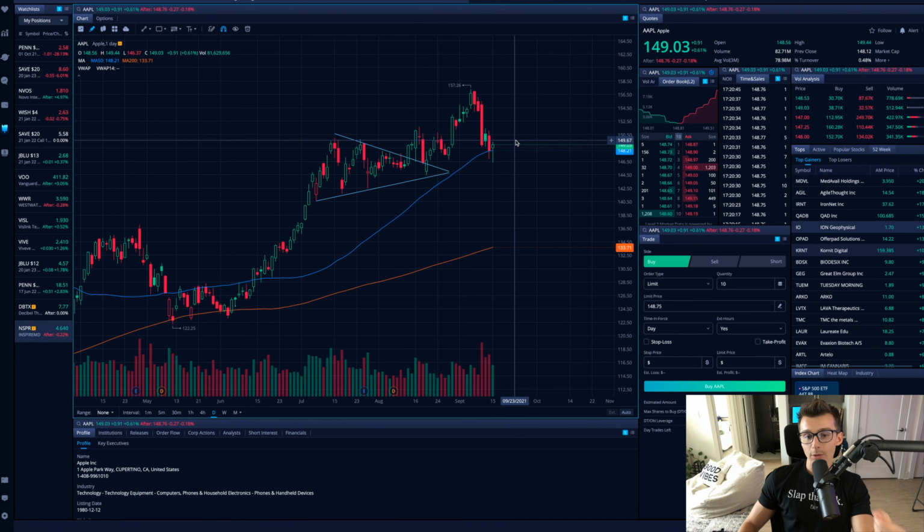So while your potential reward isn't going to be as great as if you bought a call option on Apple and it went to 160, your probability of this being a profitable trade is significantly higher, because you don't necessarily need Apple to go up. You may still make money if Apple just sits still, depending upon the spreads that you buy. So we're going to be talking about that here in this video, diving through more details and some examples.